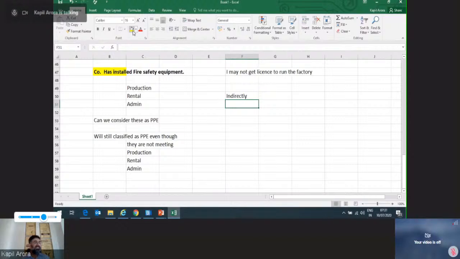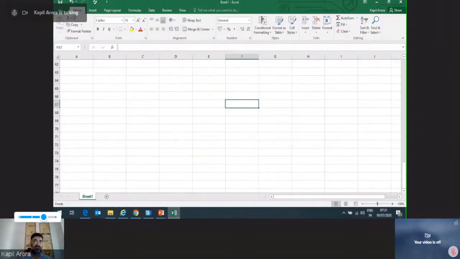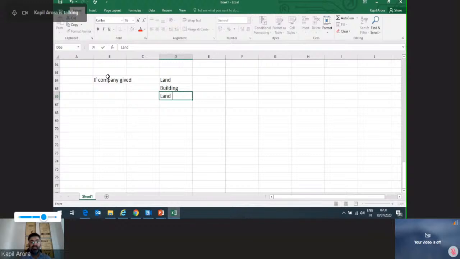Shiva asks: if a company gives a lease of its land and building, would it be property, plant and equipment? If the company gives land, building, or land and building together on rent or lease, I am the lessor.